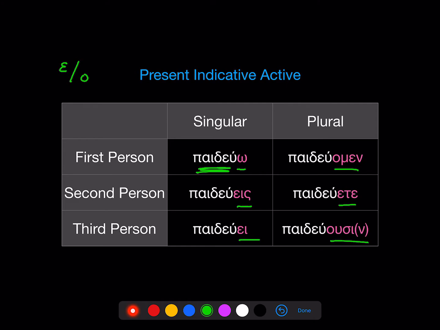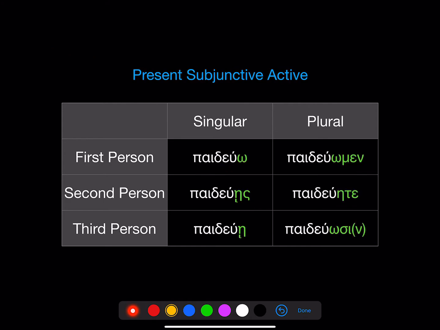Well, to form the present subjunctive active, we are going to be lengthening that theme vowel. So here's the present subjunctive active. Okay, so o, eis, ei, omen, ete, osin.